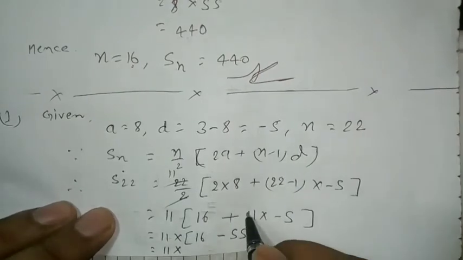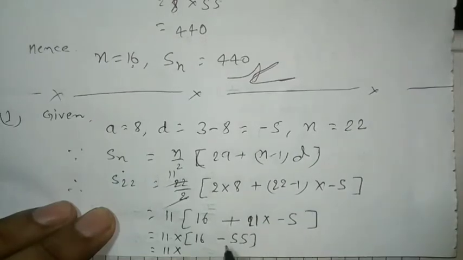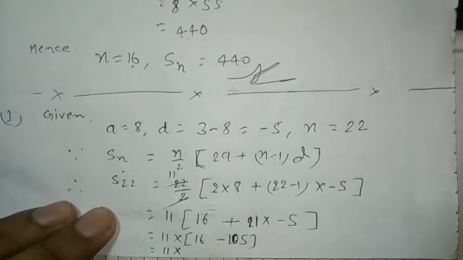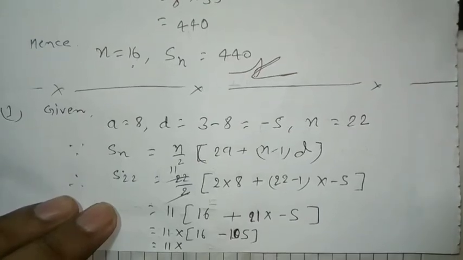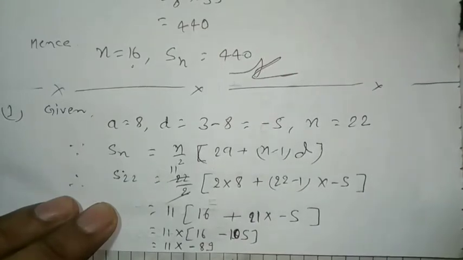21 is here, 22 minus 1 is 21, 21 into 5 is 105. Then you subtract 105 from 16: 16 minus 105 is equal to minus 89.